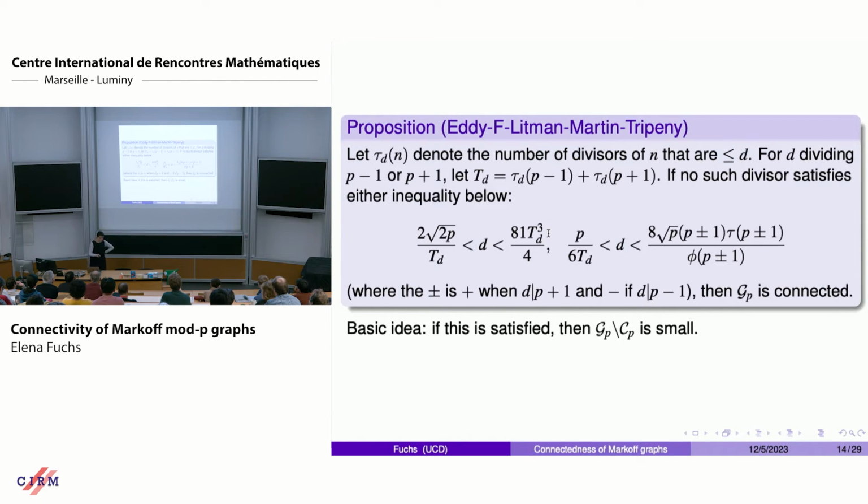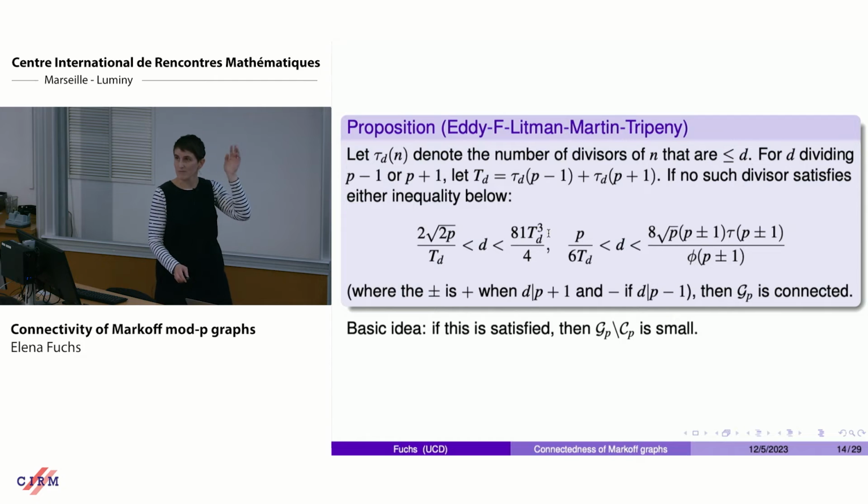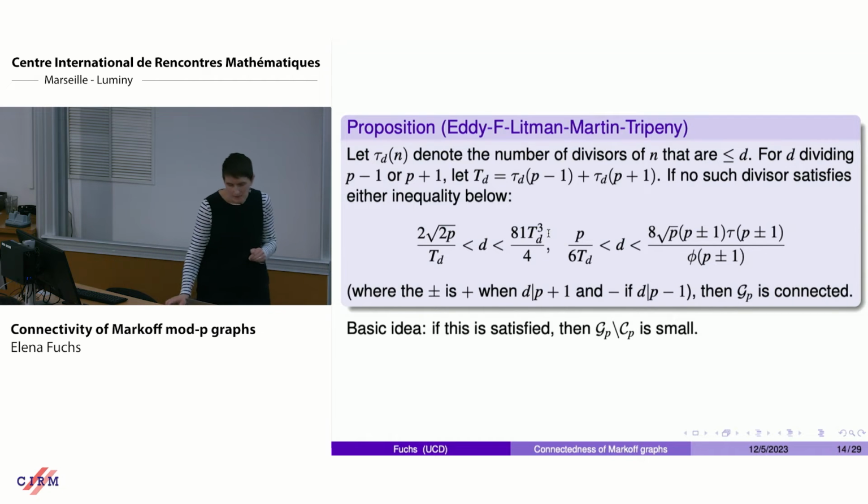But the tricky thing is, first of all, we're not working with all numbers n. We're working with these P plus or minus 1s. Second of all, when does Erdős-Kac kick in enough for this to actually work? And third of all, what about the things for which Erdős-Kac is not satisfied? But just looking at this from considering Erdős-Kac, you should say, oh, this is already saying you should be expecting connectivity.